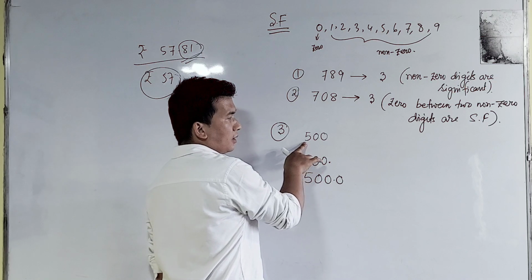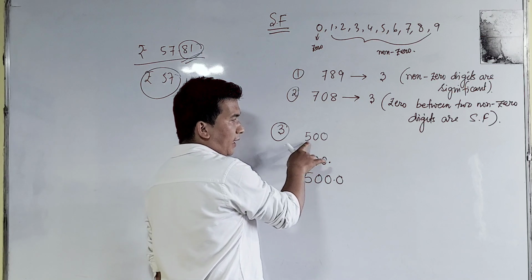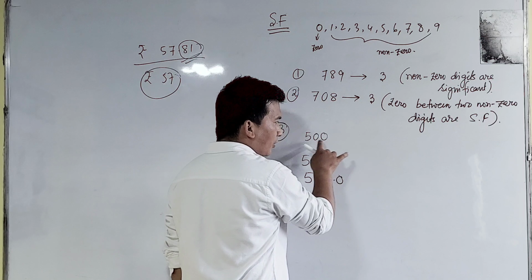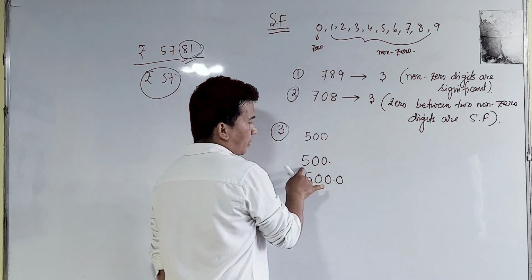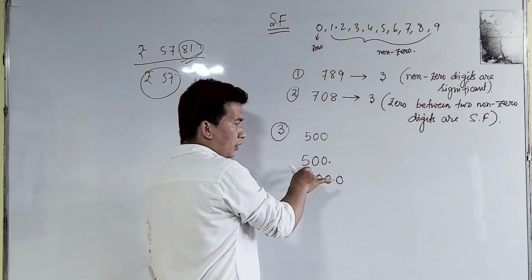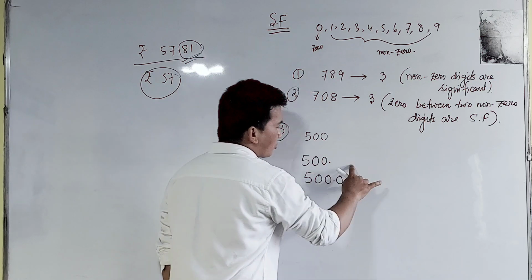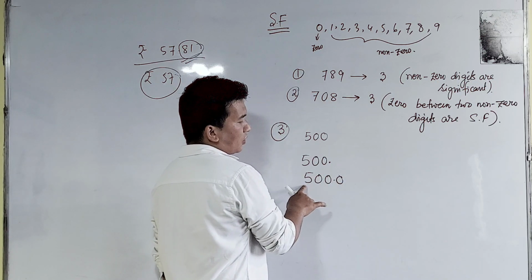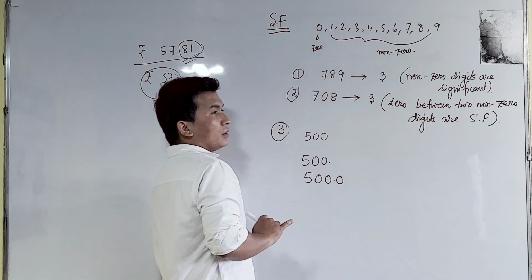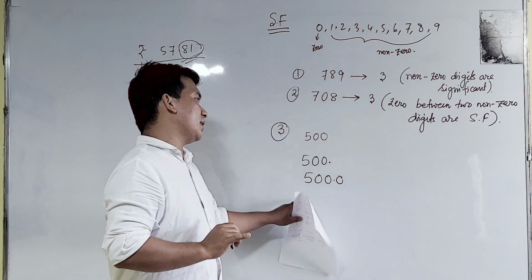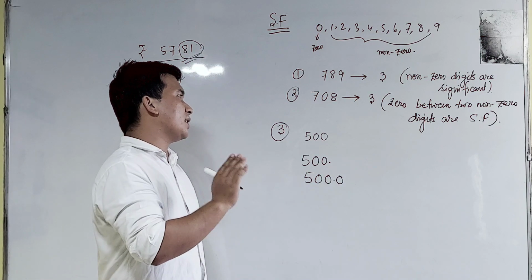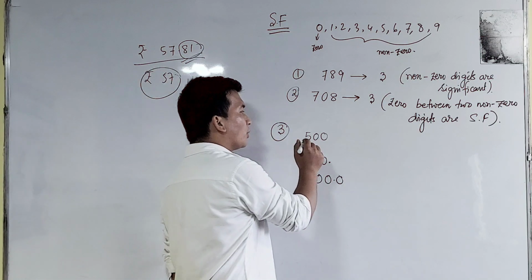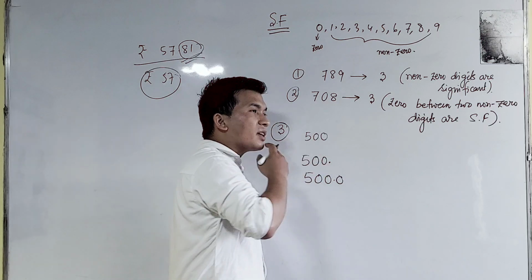Here this is a non-zero number, and the remaining digits are 0. Here this is 5, and what about the remaining digits? Remaining digits are also 0. Here this is 5, a non-zero number, and the remaining are also zeros.